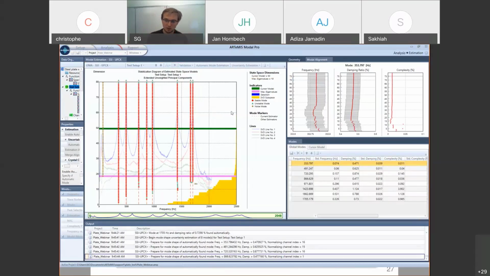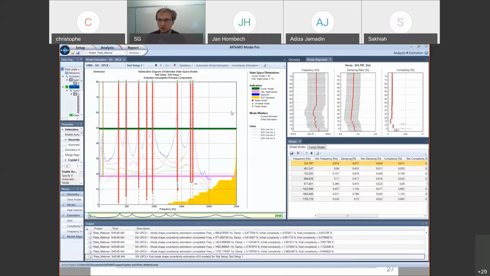So now the covariance of the mode shape is computed, and we separated it because when we have hundreds of sensors on our structure, it can take a little bit of time. But it is done now, and we can see that we have also the confidence intervals of our complexity, which relates directly to mode shapes.